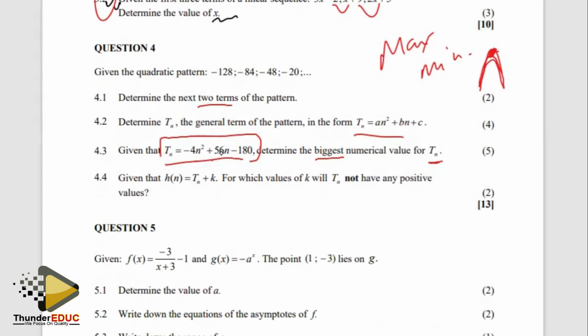Then 4.4, given that h of n is Tn plus k, for which values of k will Tn not have any positive values? For which values of k?